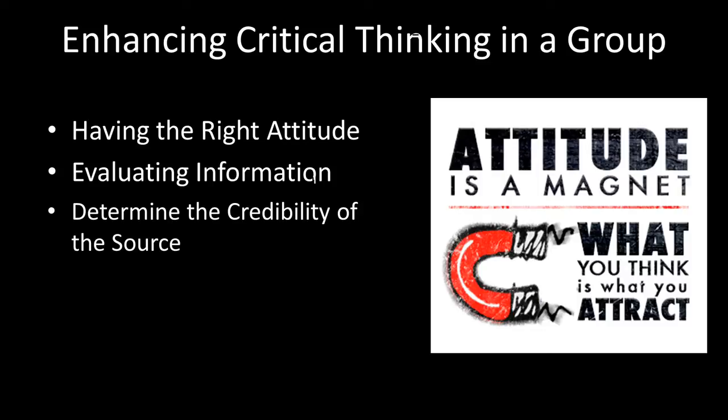Are there other sources that disagree with what they're saying? Are they an outlier, or is what they're saying consistent with other research that you've seen? And then finally, you want to take a look at the source of the information to see if the individual that is speaking is actually a qualified, credible expert on the information that they are looking at.